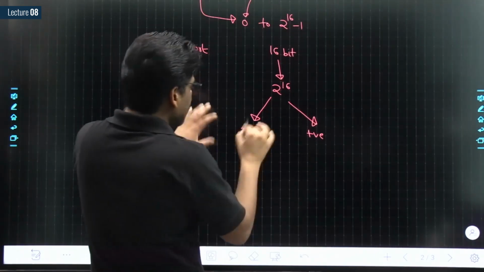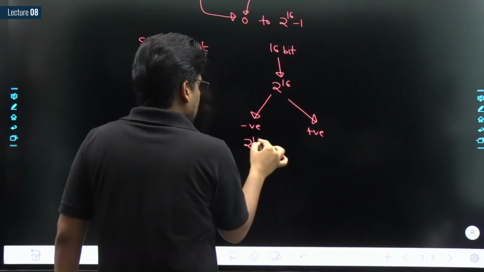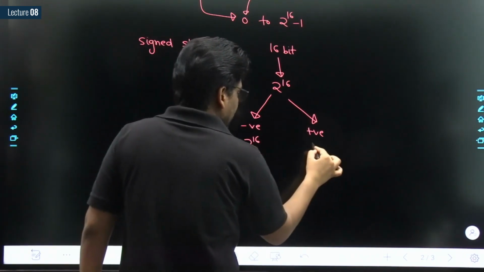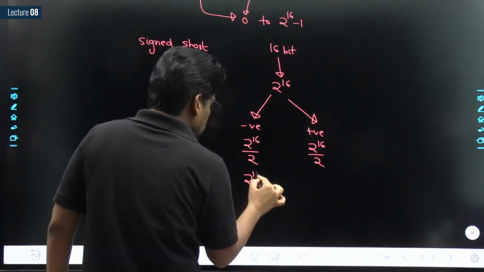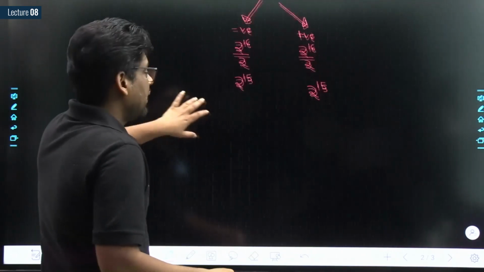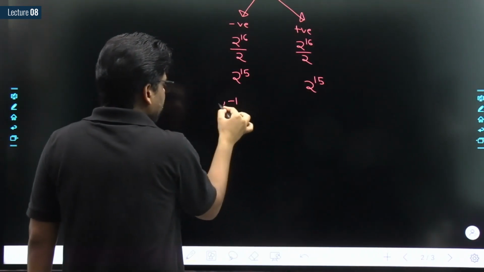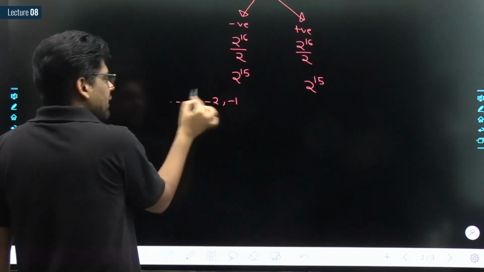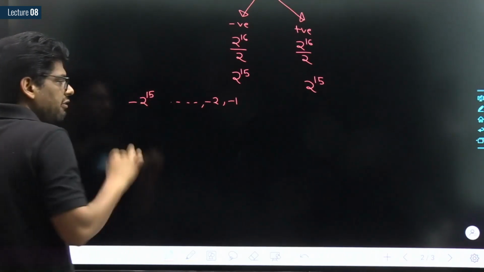We will equally distribute, that means half values in negative and half values in positive. That is 2 to the power 15 values in negative as well as in positive. In negative, we are starting the count from -1. So what is the last value? The same, that is minus 2 to the power 15.